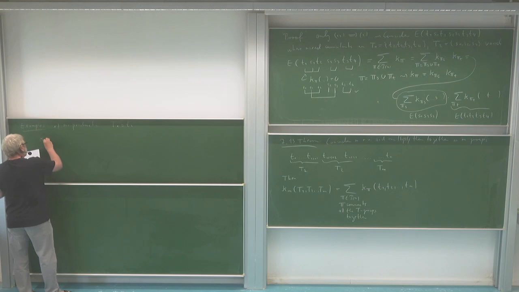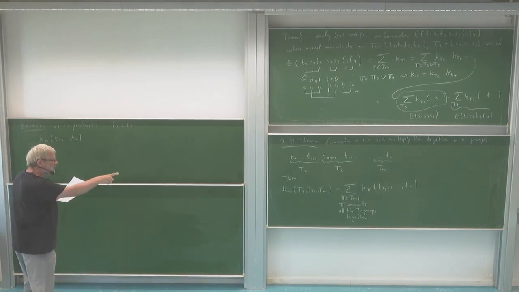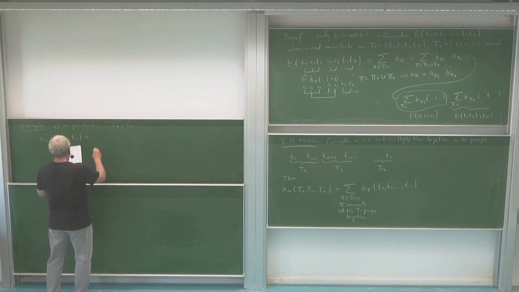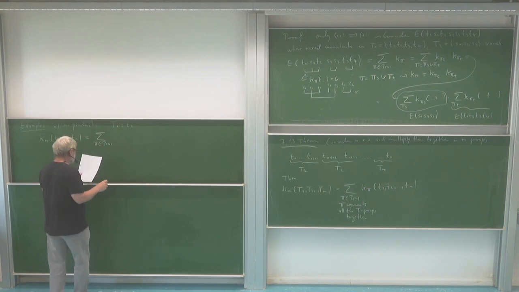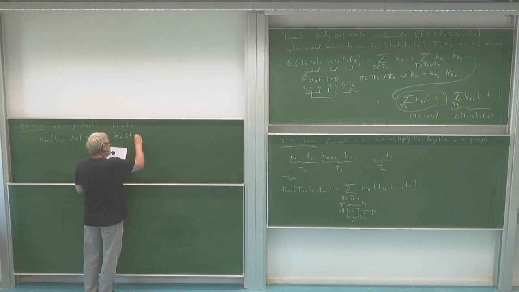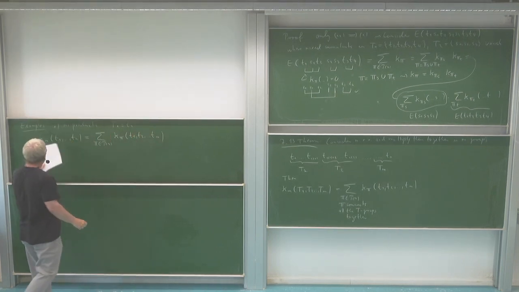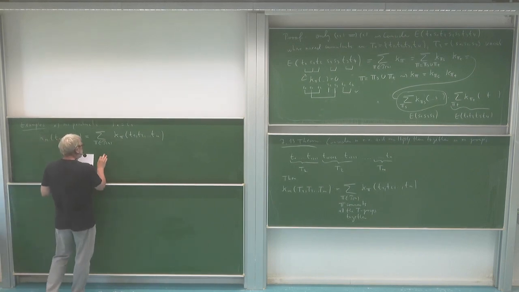It says that I have kappa n of the capital T's, which are now just the little t's, so T1 up to Tn on this side, and this is the same as the sum over all partitions of n elements where I have this extra condition, and then I take kappa pi of T1, T2 up to Tn. So now it looks like I'm expressing a kappa n as a sum of other kappas, but now we should think about what this condition is.